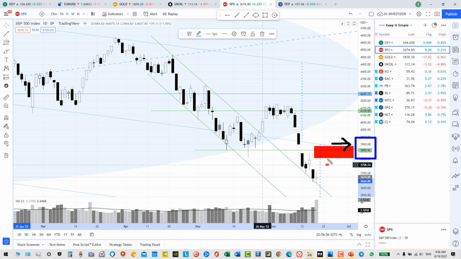Maybe it's starting from 3,800 up to 3,900, a little bit more, a little bit less, but you understand that's the area of expected resistance.